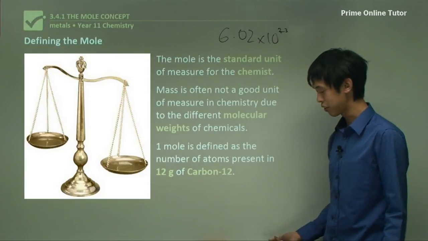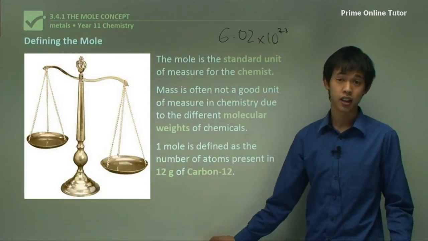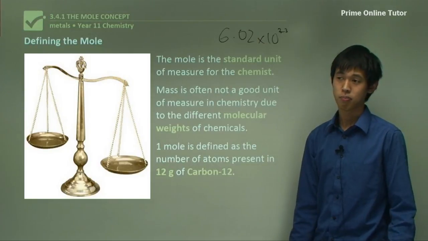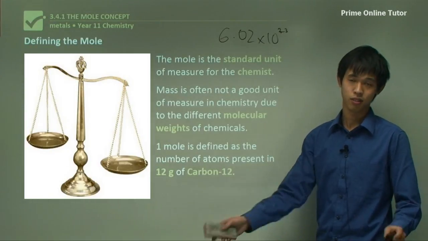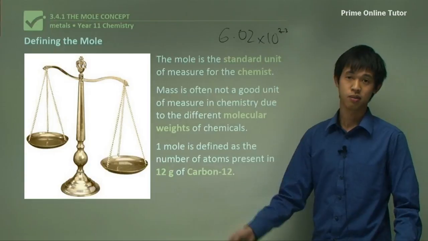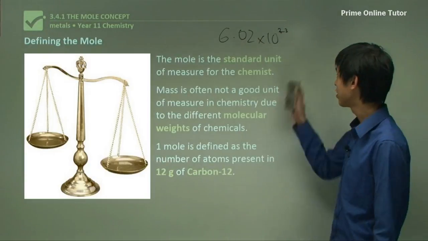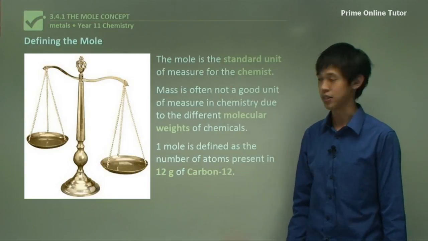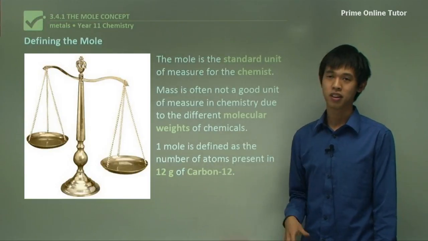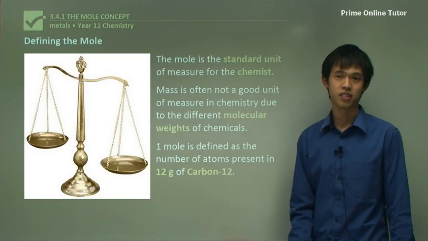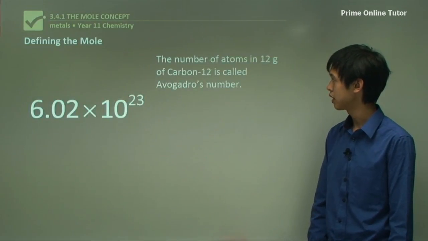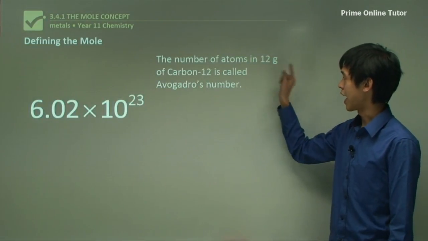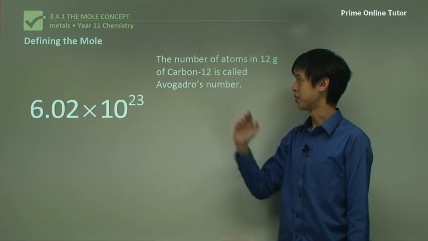Now that seems arbitrary, but most units in science are quite arbitrary. The meter was defined as the distance between 2 notches of metal at some stage. The kilogram was pretty arbitrarily defined as well. So it may seem arbitrarily defined, but it's what we do in science. So the number of atoms in 12 grams of carbon-12 is called Avogadro's number.